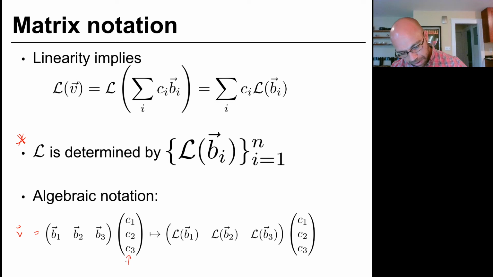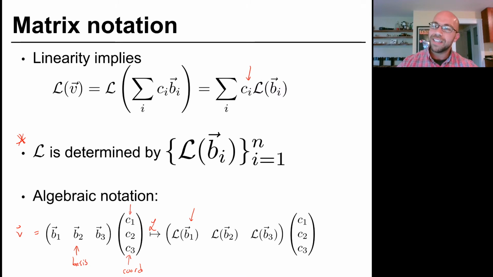So these are the coordinates, and these are the basis. Then I can think of the action of L as leaving the coordinates alone, right? Notice that they're still here, but acting on the basis vectors, right? And this is just a slick version of the notation that we've been developing in the last couple of slides. Okay, so now you guys can start to see how all of our notation is going to interact in a nice way.